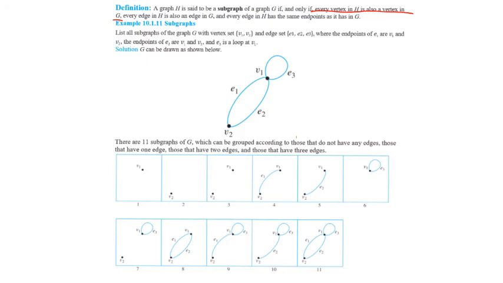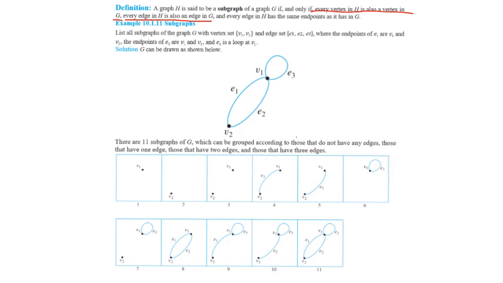What is the next condition? Every edge in H is an edge in G. What does it mean? It means that the edge set of H is a subset of the edge set of G. What is the next condition?